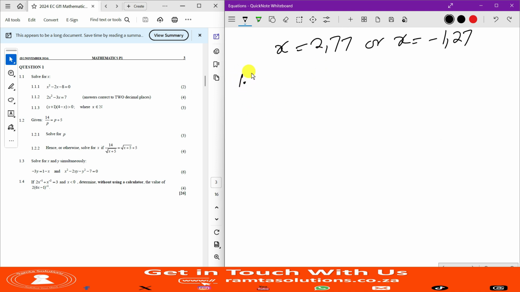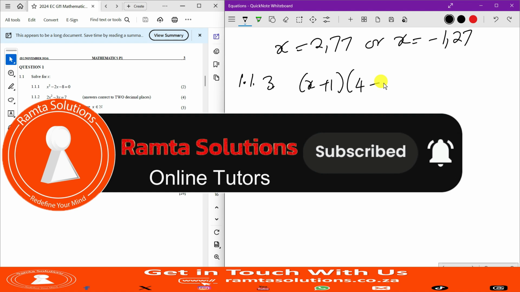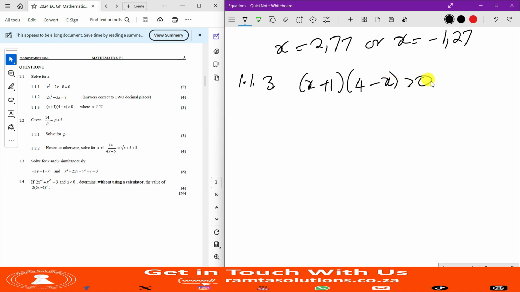Let's see now. 1.1.3 says (x plus 1) times (4 minus x) is greater than 0, where x is an element of natural numbers. Guys, when they talk natural numbers, they are basically referring to 1, 2, 3, 4, and so on. These are natural numbers.